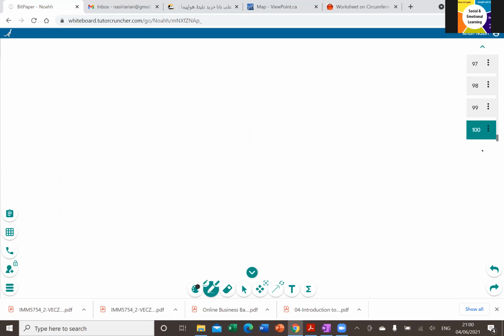So we said the formula for the circumference or perimeter, I call it P, is 2 pi r. Now 2 pi r was 176. We tried to calculate r through this equation. We said 2 pi r is 176.